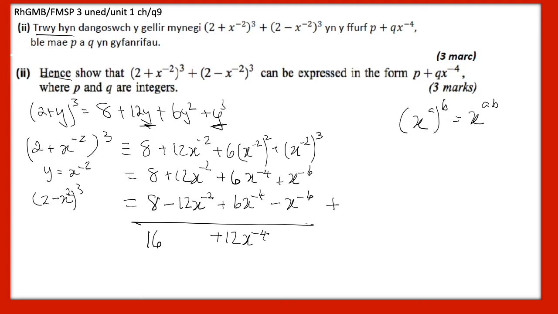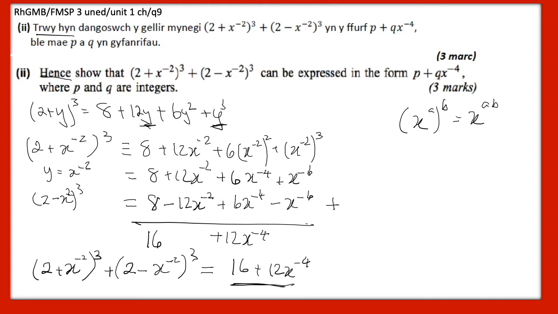So what I've got is that 2 plus x to the minus 2 all cubed plus its conjugate. There's an interesting word. Exactly the same terms, just opposite sign in between. So we tend to use conjugates when we're dealing with complex numbers, but that's going to give me 16 plus 12x to the minus 4. So I've expressed it in the required form, and I can push on from there.